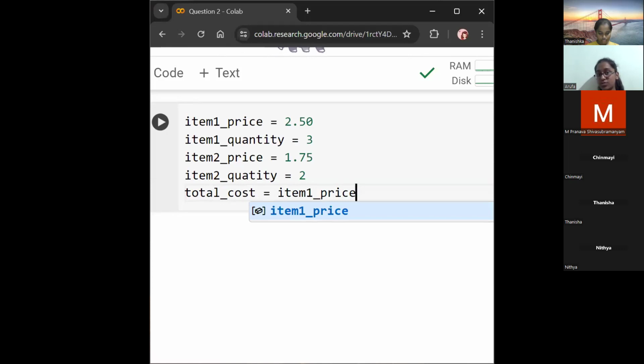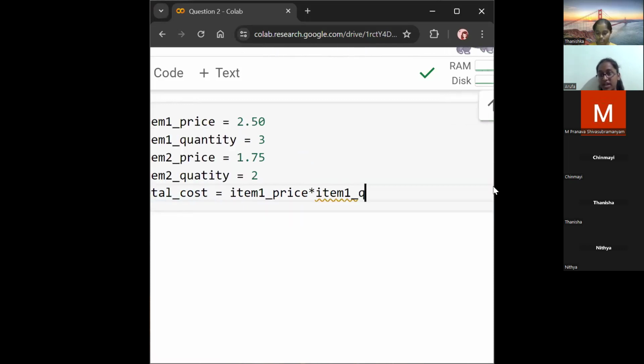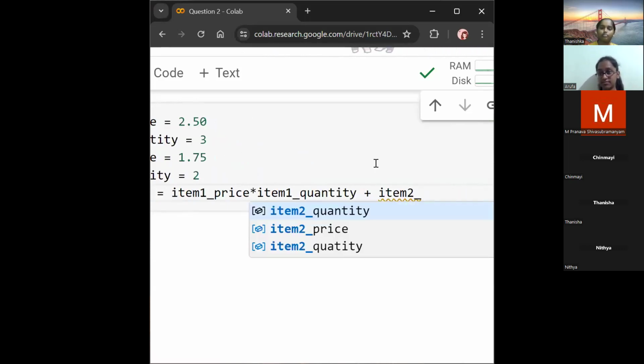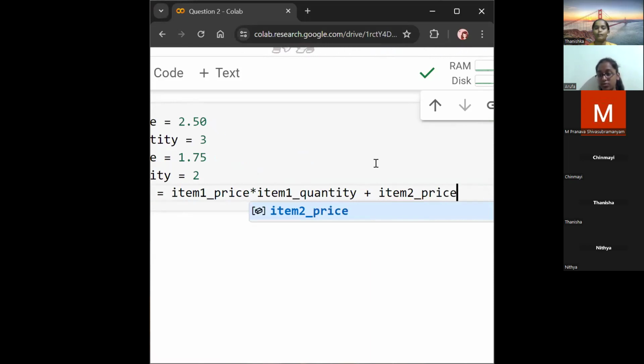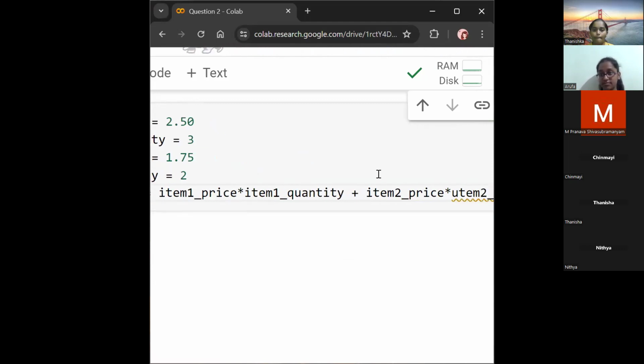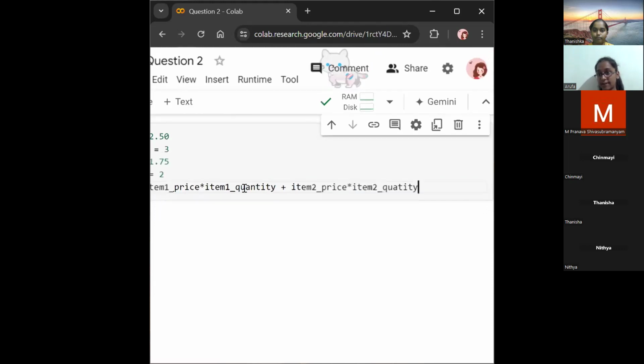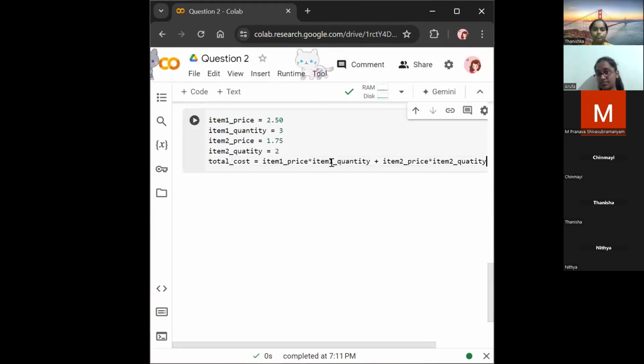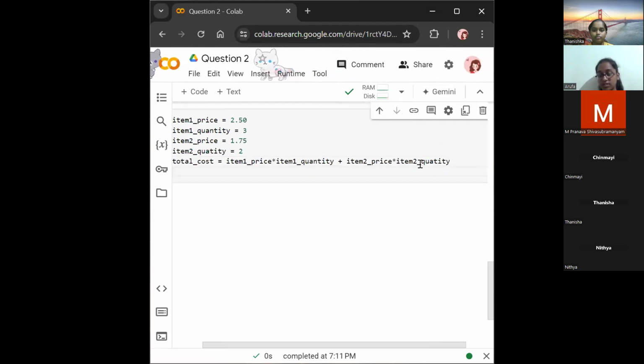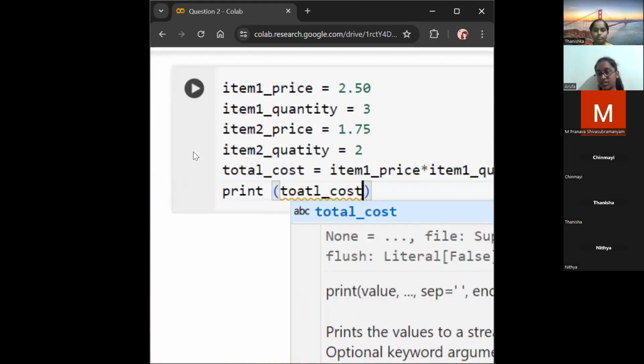In the hint, we should use both addition and multiplication, so we'll use multiplied by item 1 quantity, then the plus symbol, plus item 2 price into item 2 quantity. Then print total cost.